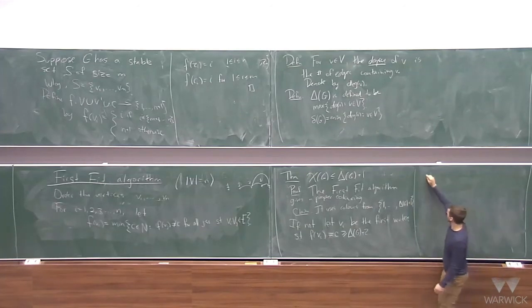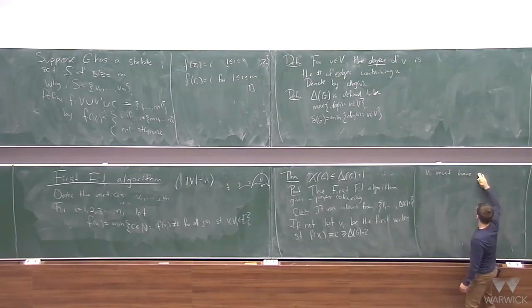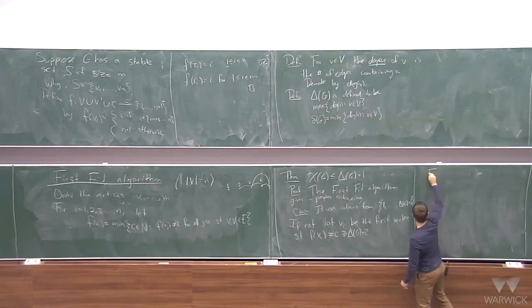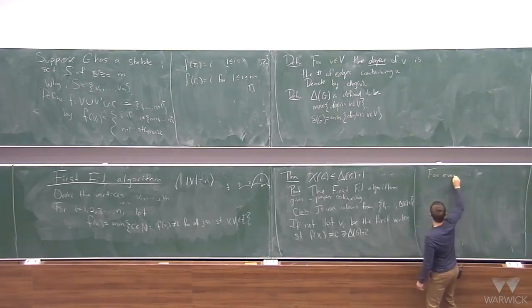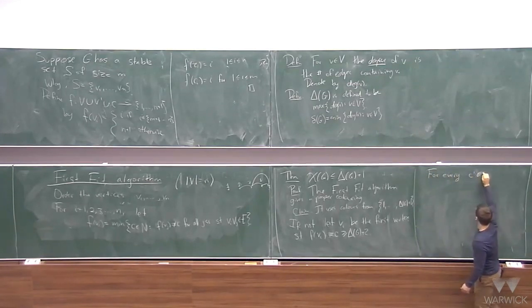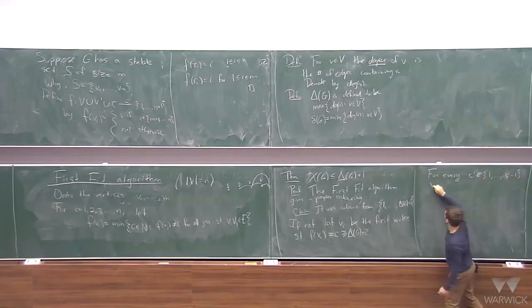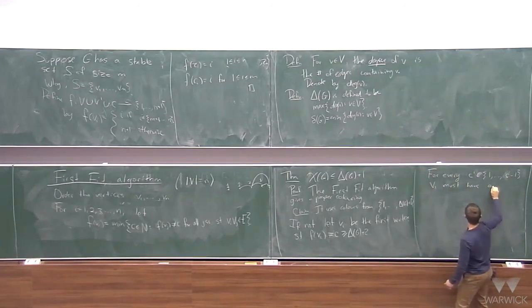So vi must have, well, let me just do this more properly. For every, let's say, C prime between 1 and C minus 1, vi must have a neighbor.